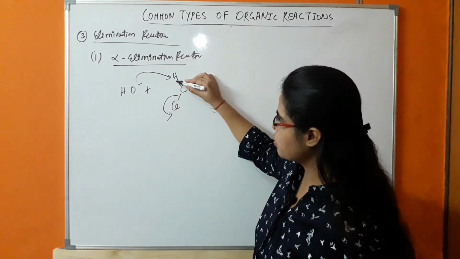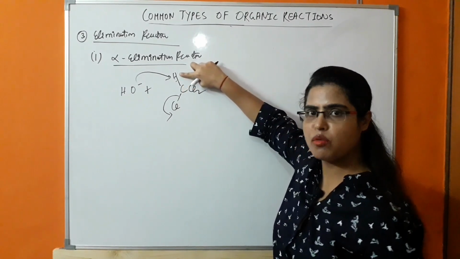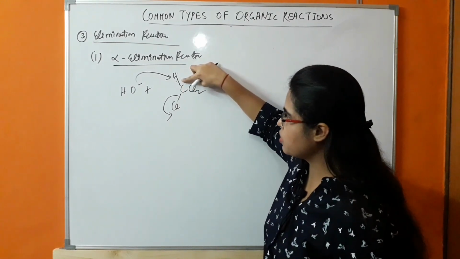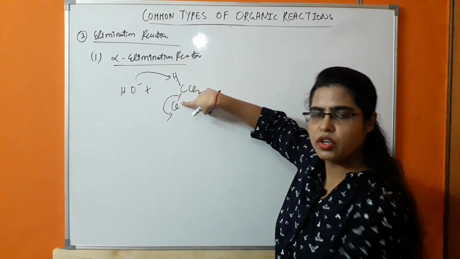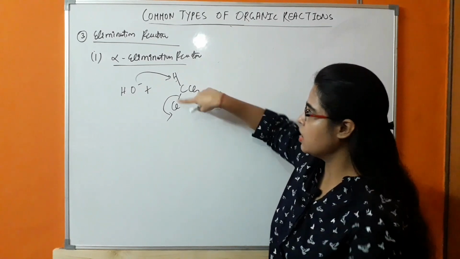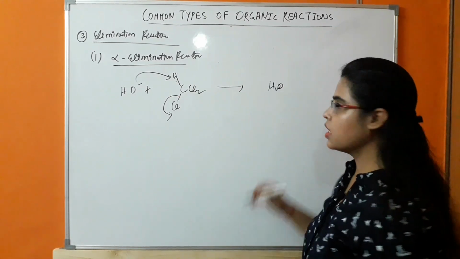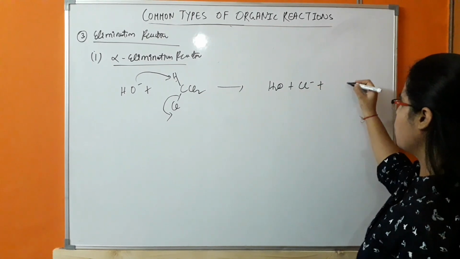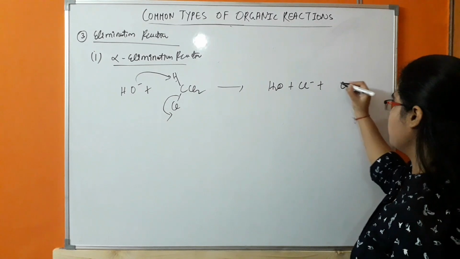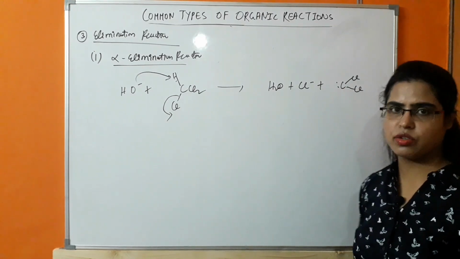It means this bond will be shifted to this carbon, because H will be removed in the form of H plus, and in turn this Cl will be removed as Cl minus. So there will be formation of H2O, Cl minus, and dichlorocarbene, which has one lone pair of electrons.